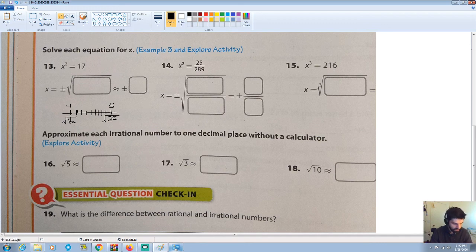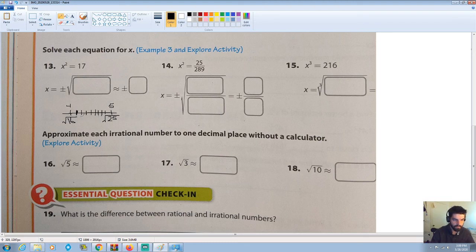So the square root of 17 is going to be, if we take 16 here, 1, 2, 3, 4, 5, 6, 7, 8. So it's going to be 1 and approximately 1/8.